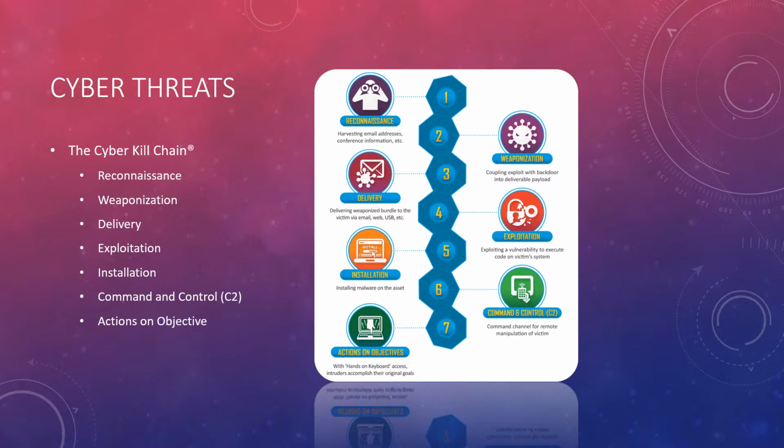This is when the malware is installed or a backdoor is installed that allows the attacker to maintain access to our systems for an extended period of time. The next phase is called command and control. This is where the malware communicates back to the attacker, which then remotely manipulates our systems.